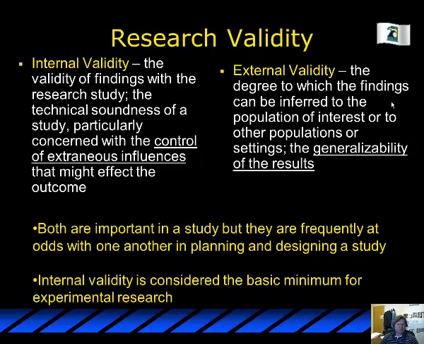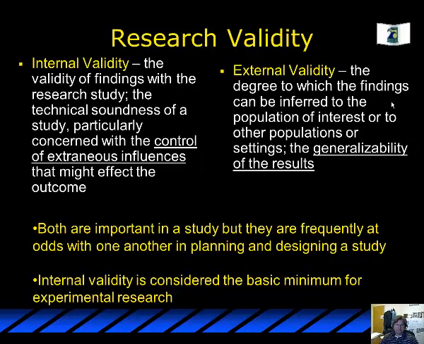Both are very important in a study, but they are frequently at odds with one another in planning and designing a study. There's a trade-off going on. Sometimes the more you control internal validity, the more you control extraneous influences and variables, that takes away from external validity, the more you can generalize it, and vice versa as well.